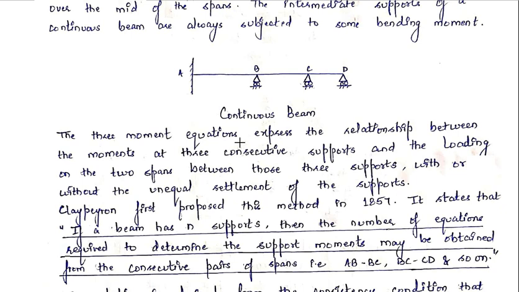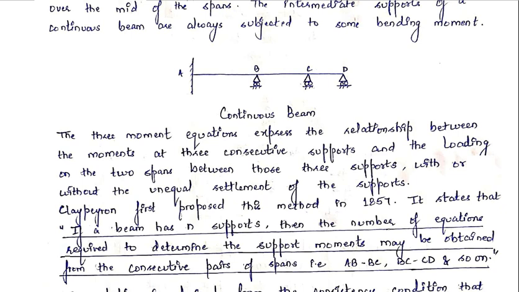It means that if a beam has n supports, it can be 3, it can be 4, it can be 5, then the number of equations required to determine the support moments can be obtained from the consecutive spans. Either you can take AB, BC or you can take BC, CD. By using these consecutive spans or supports, we can find the values of the bending moment at the supports.